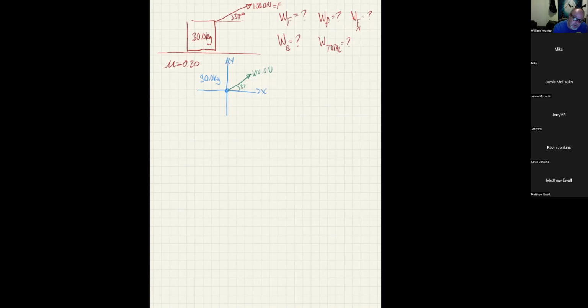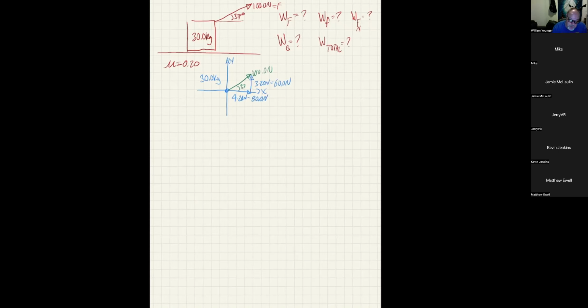So I can immediately say that this component, since 5 times 20 is 100, must be 3 times 20 newtons, which is 60 newtons. And this component must be 4 times 20 newtons, which equals 80.0 newtons. Okay, so I've already worked that out.